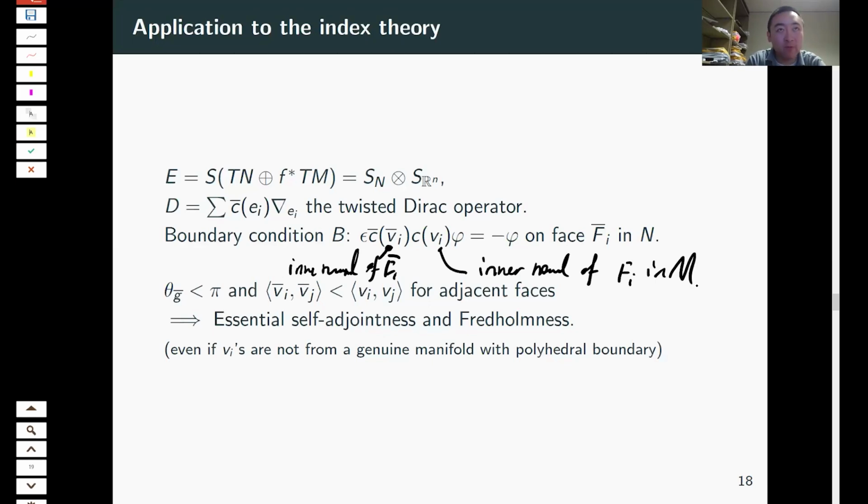So for this operator with this boundary condition, we can actually prove that the operator is well defined and essentially self-adjoint. And Fredholm, if we assume that the dihedral angles are all smaller than pi, and also we have the angle comparison, the product comparison.